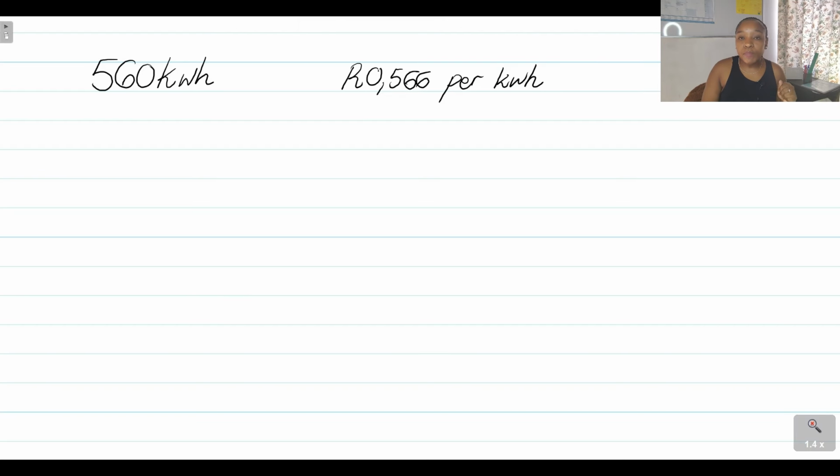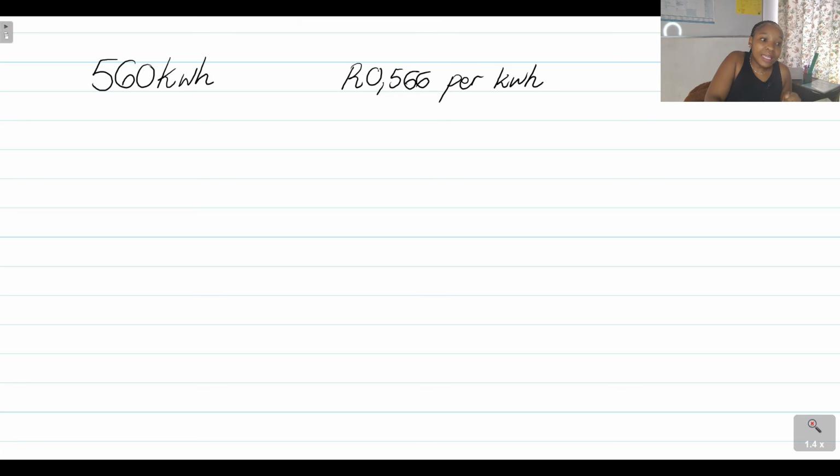So what does this mean? For 1 kilowatt hour of electricity that you use, you are going to pay 0.566 rand. So how would you calculate the total cost that you'll pay towards your electricity bill at the end of the month if you are using this prepaid meter system that charges you 0.566 per kilowatt hour of electricity that you use?